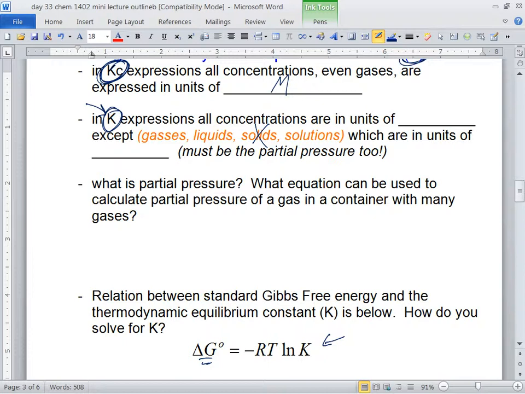They want to stick with molarity, except for, cross out solids and liquids because they never show up. So that pretty much only leaves what? Gases, right? Gases got to be in special units.